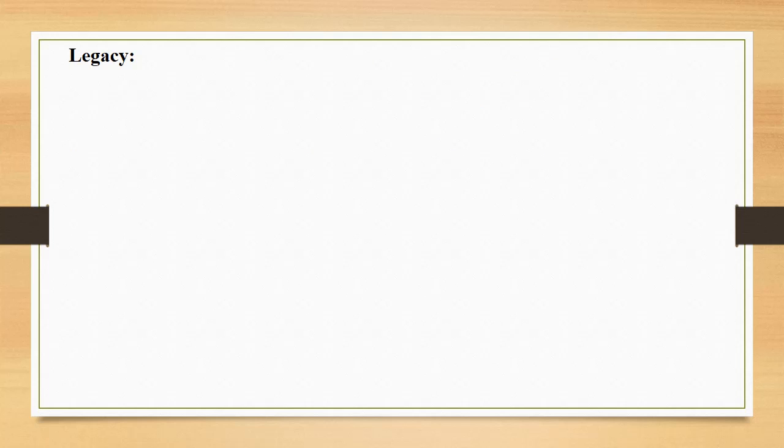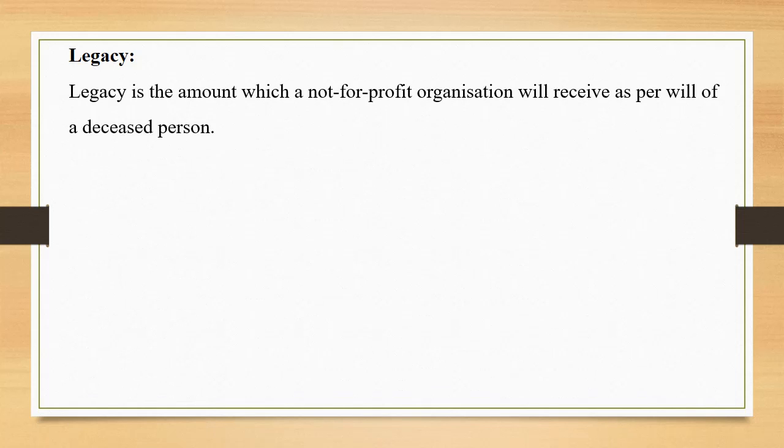Next, a very important item is legacy. Legacy is the amount which a not-for-profit organization will receive as per the will of a deceased person. The donor may or may not specify the conditions for its use.